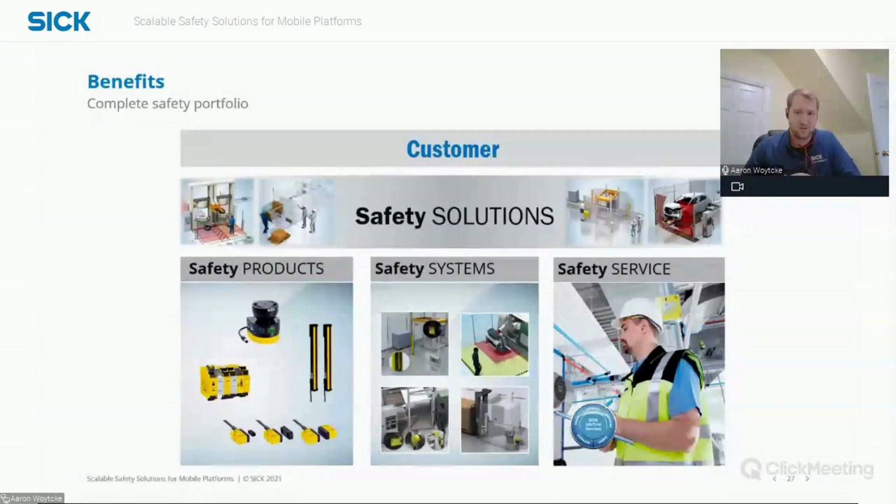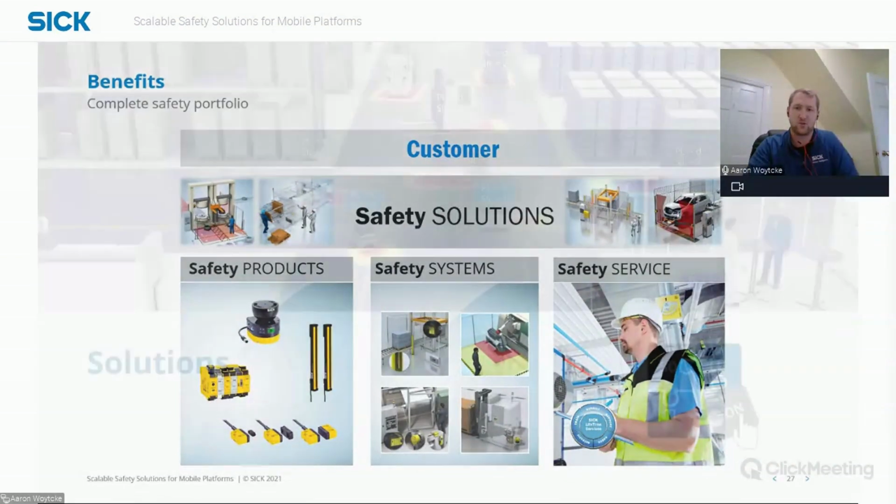And then we offer safety services ranging from training and education on applicable standards or risk assessment, to turnkey solutions, coming in and doing risk assessment and putting a concept together, and ultimately all the way through to verification and validation. So SICK is able to find the solution that's just right for the specific application.